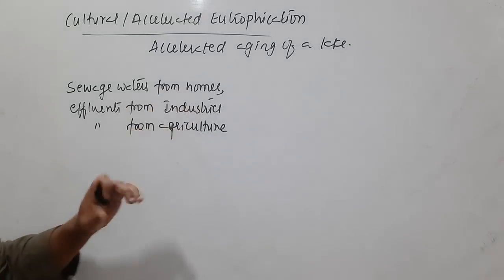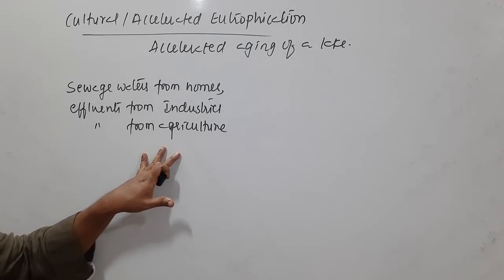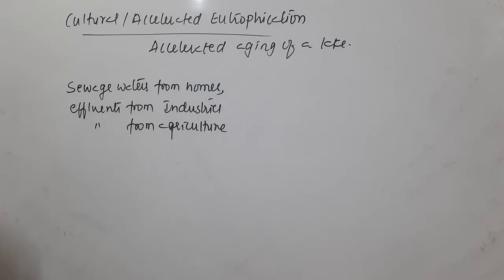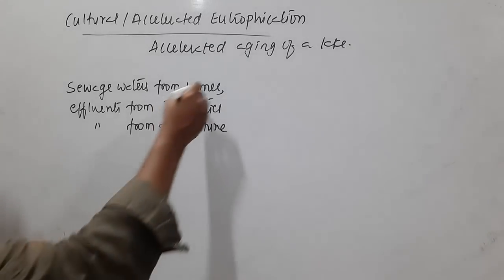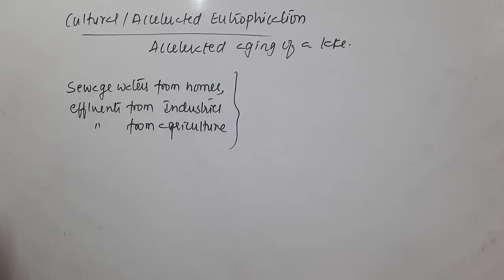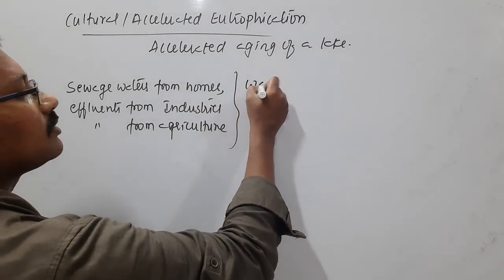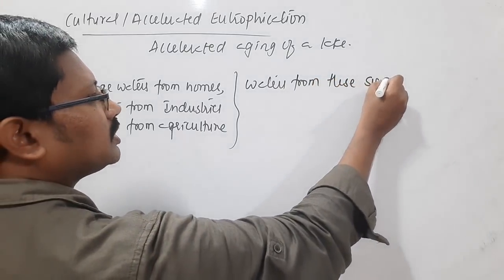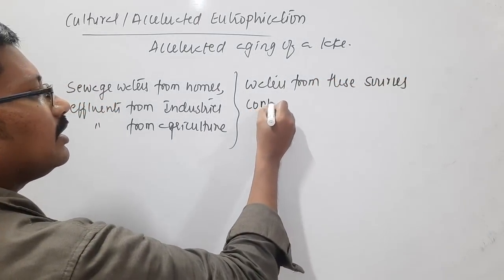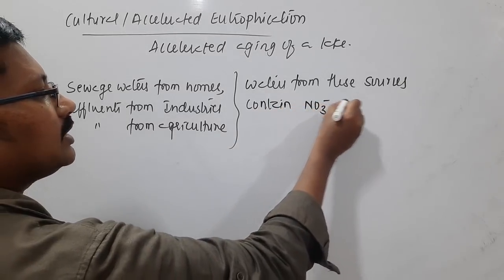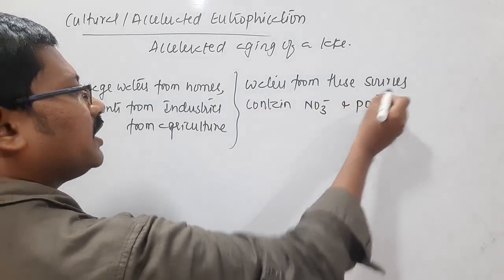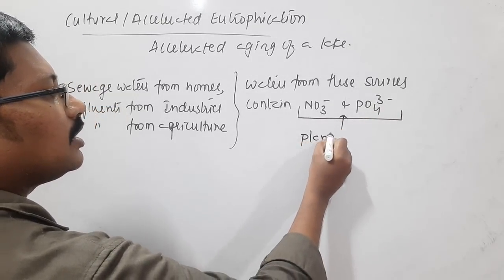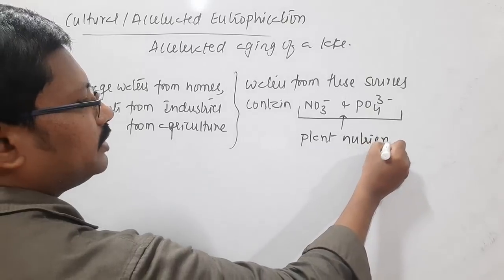Even in agriculture, we use a lot of fertilizers, and they are also a source of those nitrates and phosphates. So the waters from these sources contain nitrates and phosphates, and we know they are plant nutrients.